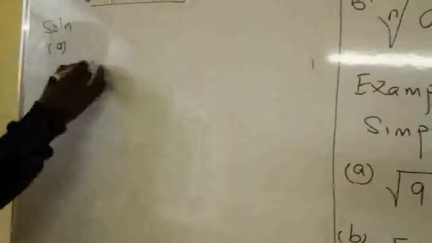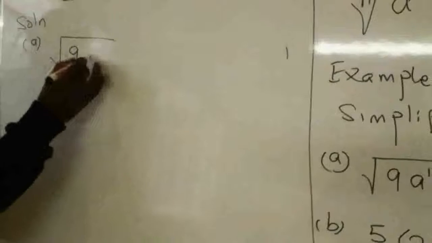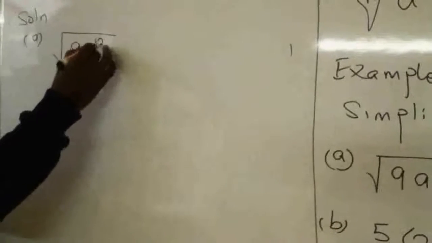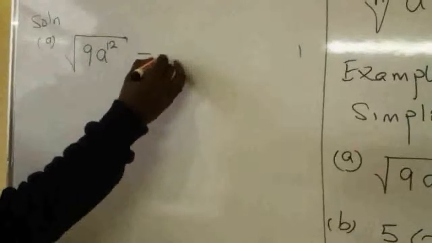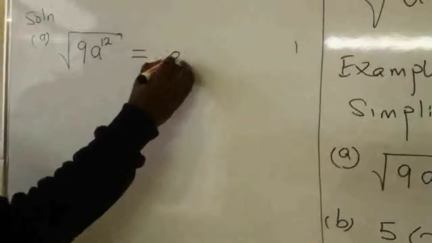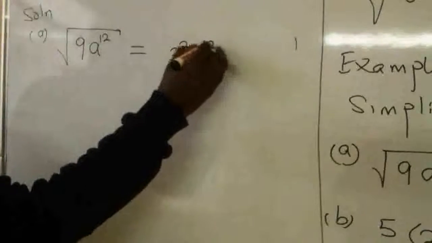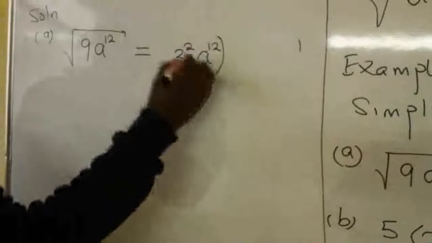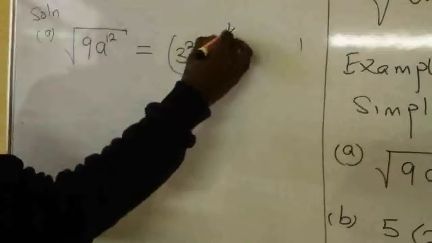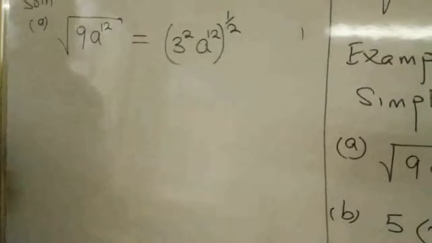Part A, the solution. We have the square root of 9a power 12. We can see that 9 is the same as 3 squared. A power 12 remains as it is, but root is the same as power 1 over 2, the same as power half.